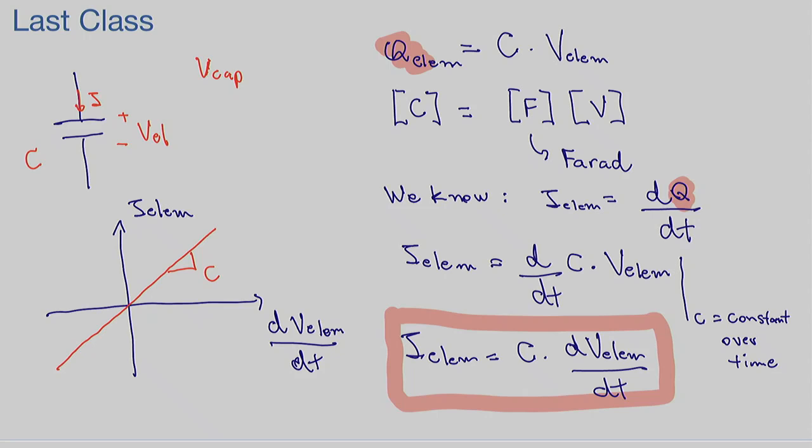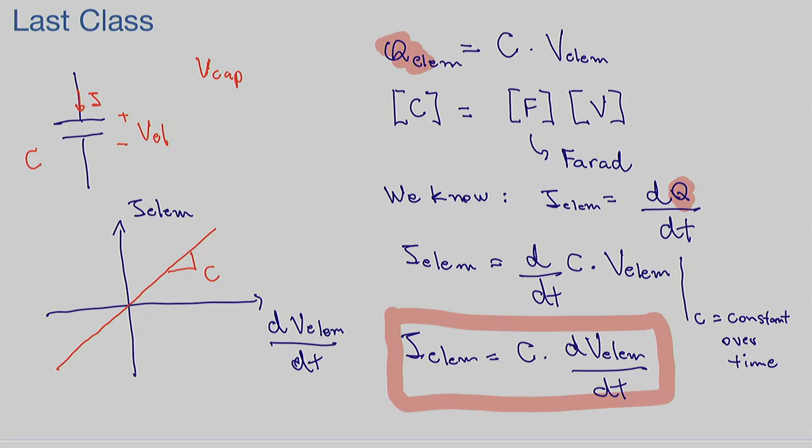And then we saw the IV characteristics for the capacitor, when we plot the current versus the change of voltage with time. We also said that here we are going to consider steady state, but in 16B you're going to see what's changing with the capacitor, how it gets charged, and so on.